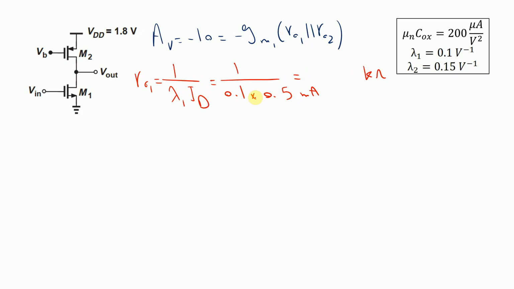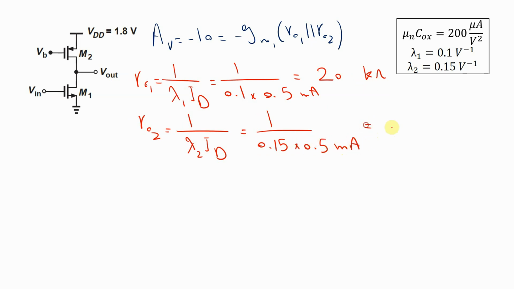This is 0.05, and if I calculate it, you get the result of 20 kilo ohm. And how about RO2? For this PMOS transistor, RO2 is 1 divided by lambda2 times I drain, which equals 1 divided by 0.15 times 0.5 milliamp. Using my calculator, I get 13.3 kilo ohm for RO2.